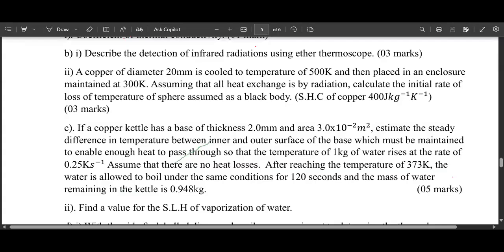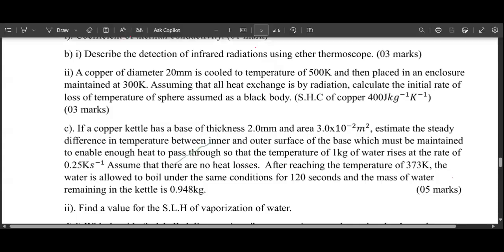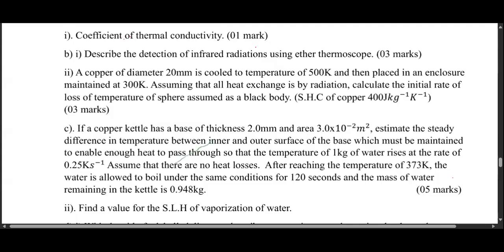So let us go through this question here. They are saying we have our copper sphere which has a diameter of 20 millimeters. For this case, we shall be having heat exchange by radiation.